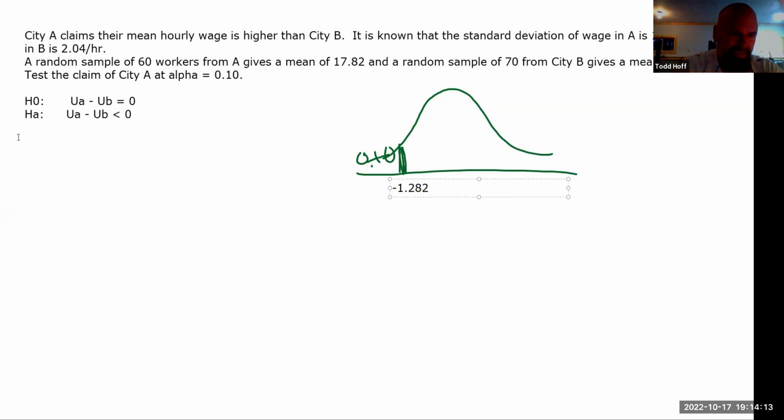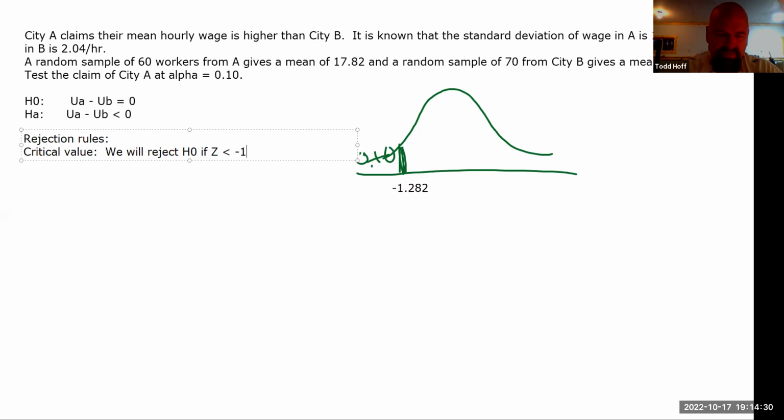What that means for our rejection rules: for the critical value, we will reject the null hypothesis if the test statistic is less than negative 1.282. For the p-value, we will reject H0 if the p-value is less than 0.10, alpha.